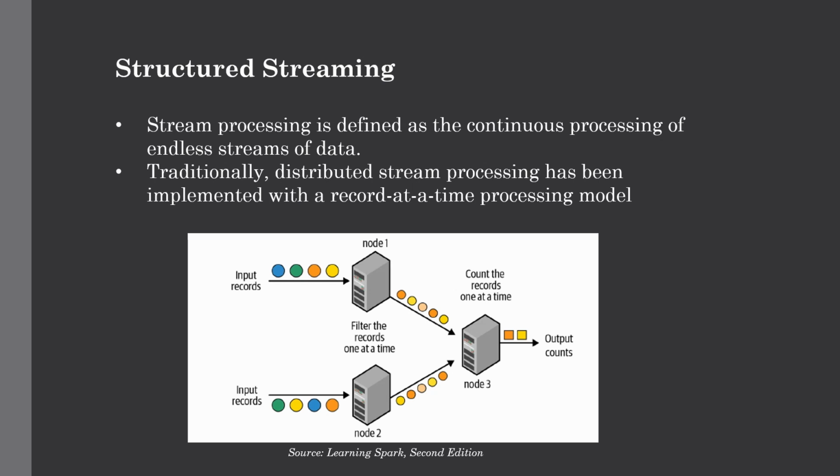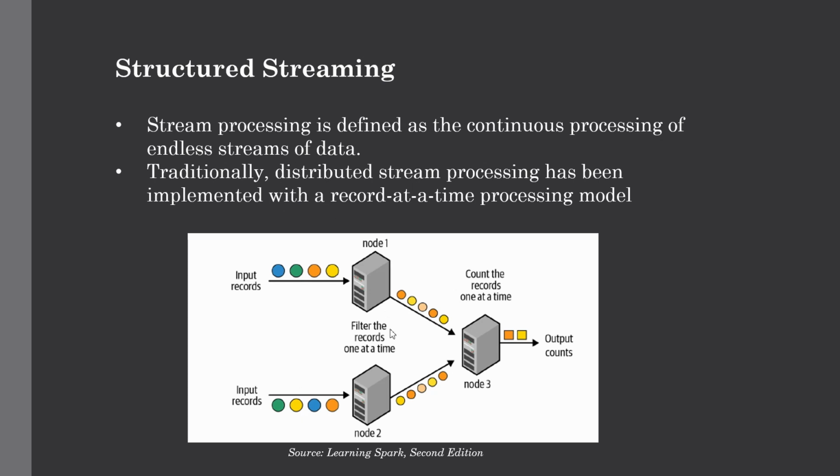Traditionally, this distributed stream processing is implemented with a concept known as the record-at-a-time processing model. This diagram will illustrate what it really means. This processing pipeline is composed of a directed graph of nodes. As we have these 3 nodes in our graph, they continuously receive one record at a time. As you can see, these colorful dots are records.